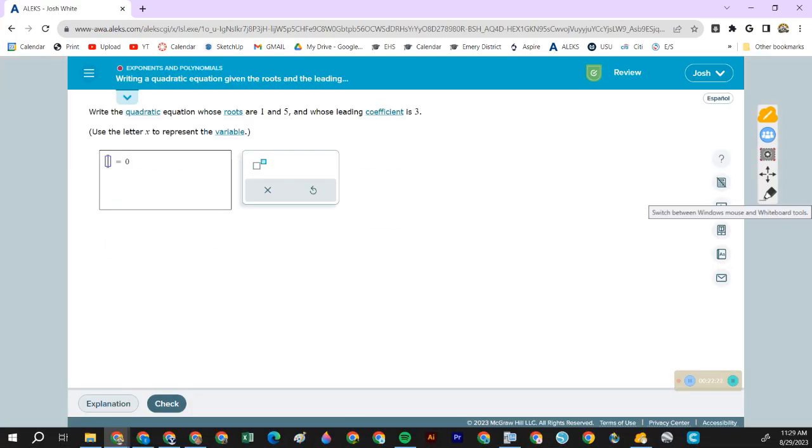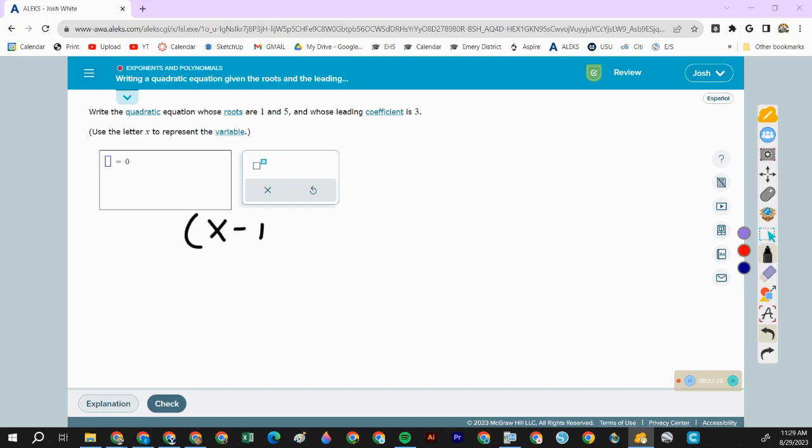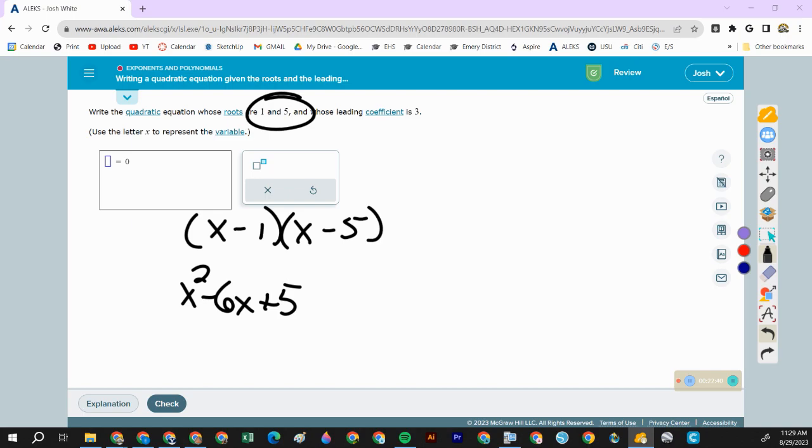Okay, so we're going to build a quadratic here, x minus 1 and x minus 5, because my roots are 1 and 5. I multiply this out, I get x squared minus 6x plus 5. How many quadratics are there that satisfy that requirement?